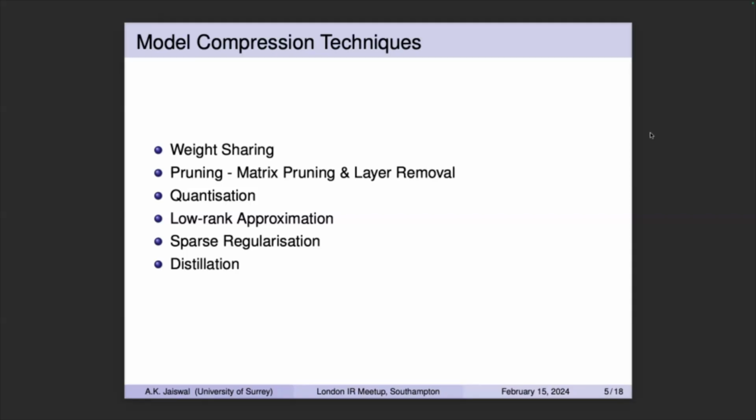A similar analogy is also used in embeddings: you share the words, these vocabularies, so you make them identical instead of keeping them quite sparse. So you can use the analogy of weight sharing from neural network literature in word embedding as well.